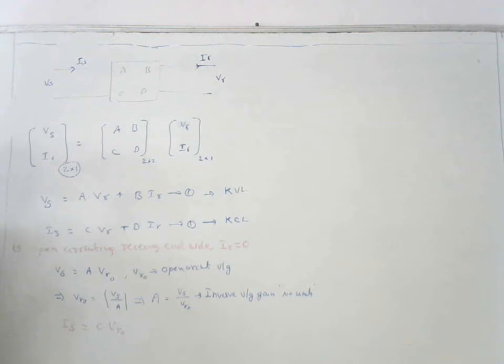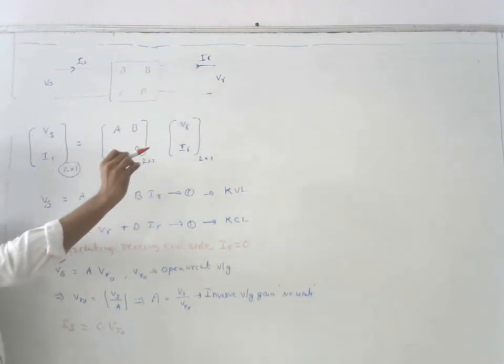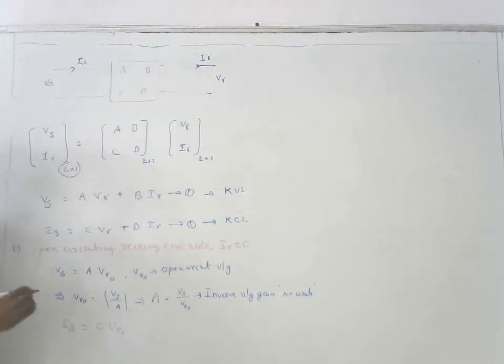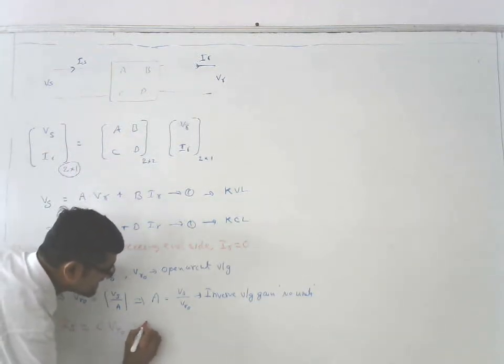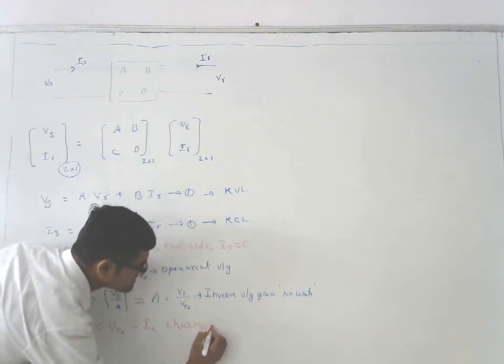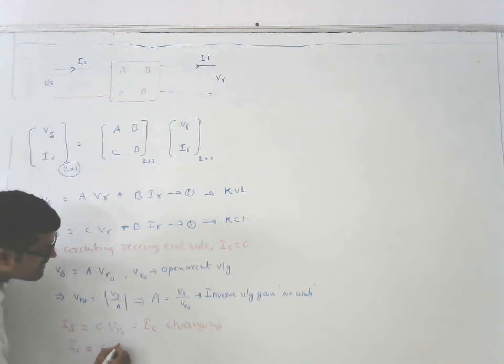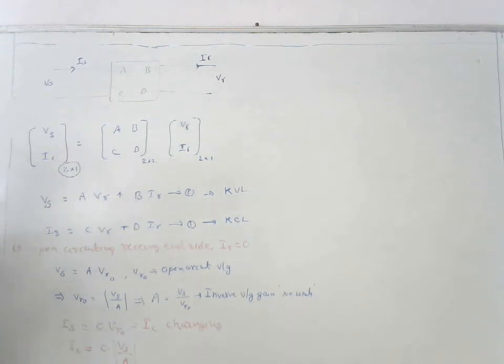The source current is flowing because of the line capacitance, so this current is the AC charging current, which we can call IC. So the charging current or sending end current is equal to C into VR, that is, C into Vs divided by A. The sending end current in open circuit condition is defined with this expression.